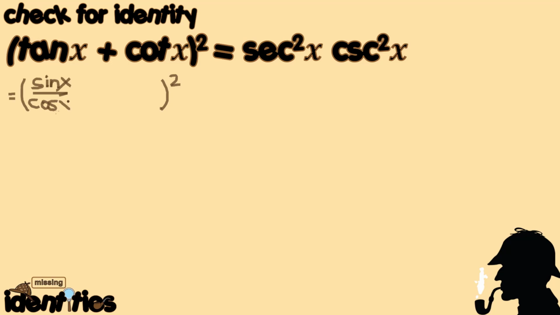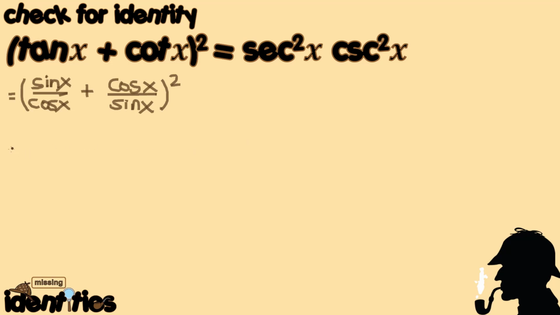This is the tangent x. So plus our cotangent x, on the other hand, is its reciprocal, the cosine x over sine x. From this, we are going to manipulate this without applying the exponentiation first, and hopefully we could arrive at the right-hand side.